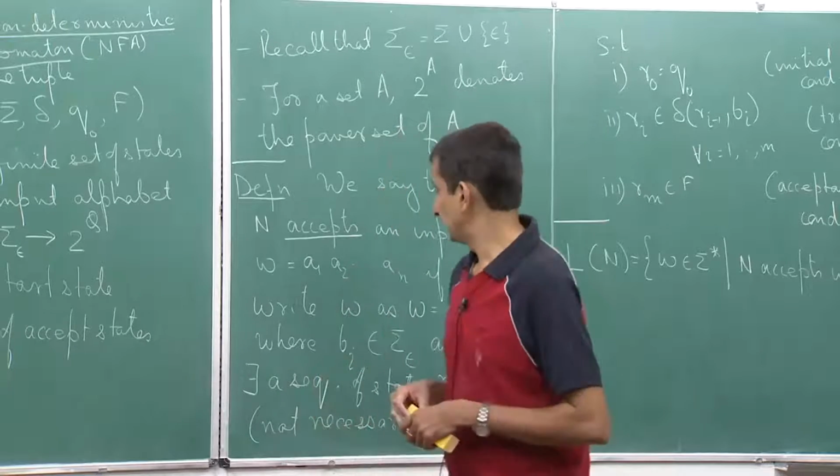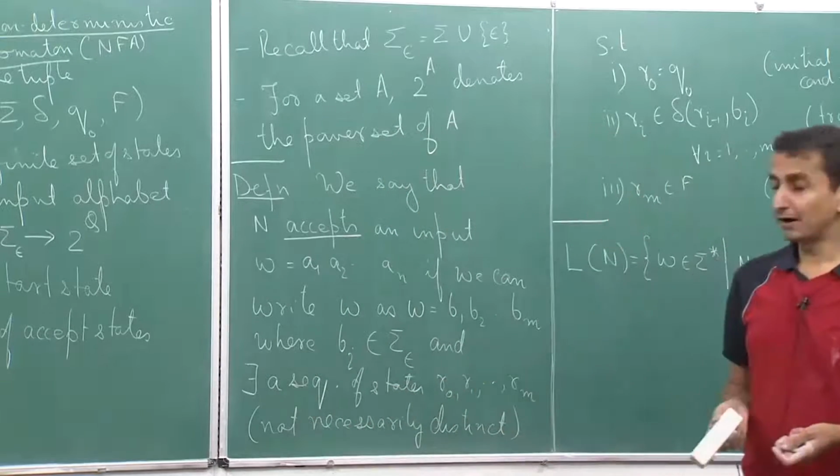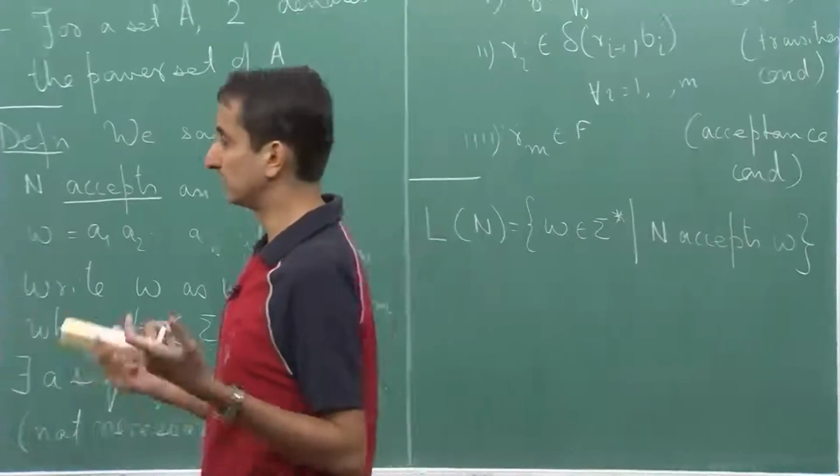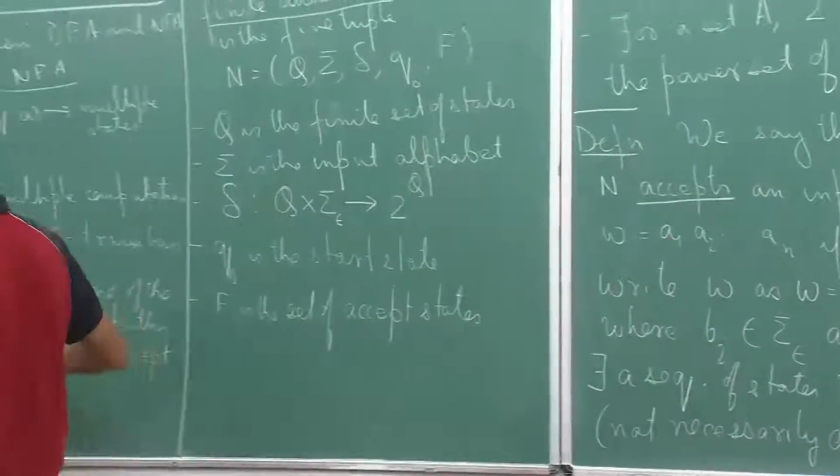Now let us look at a couple of examples of non-deterministic automata.